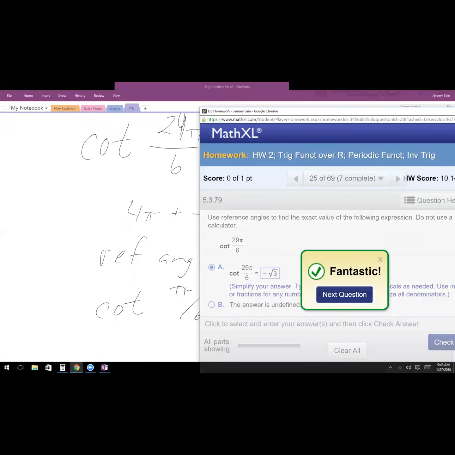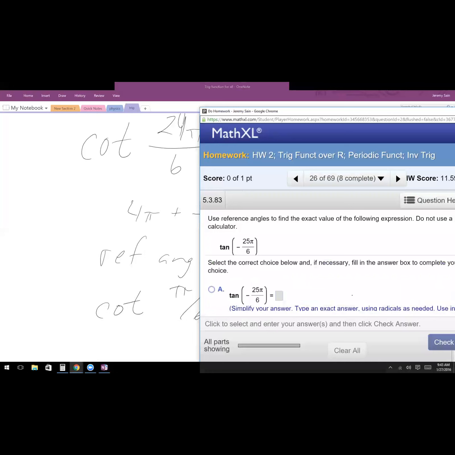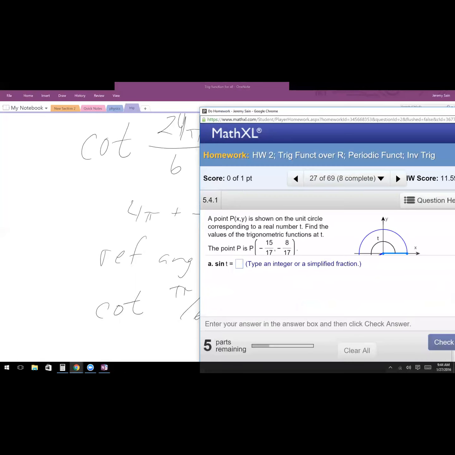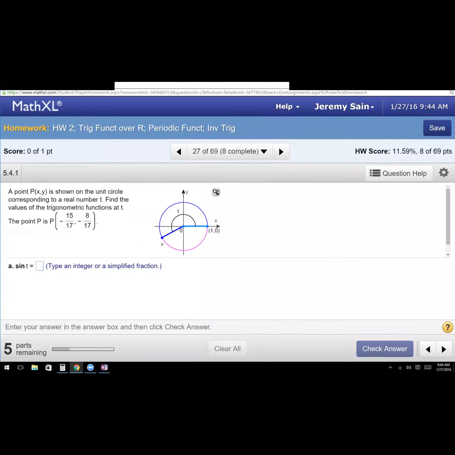Cool. Let's do one more like that. That one's the same problem. Not quite, but nearly. That one's just silly. Oh no, that one's not even a word problem.